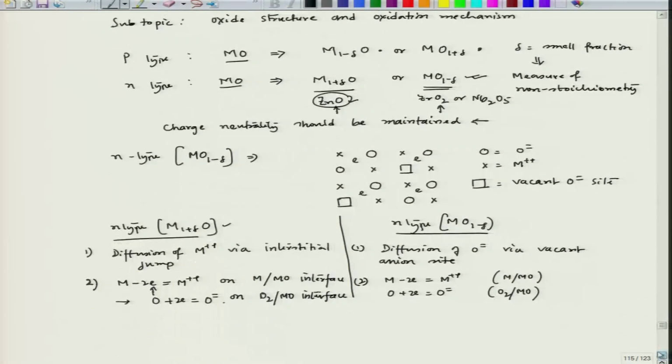So, there is a similarity, but in this case the metal ion moves to the other end and then reacts with O2-.